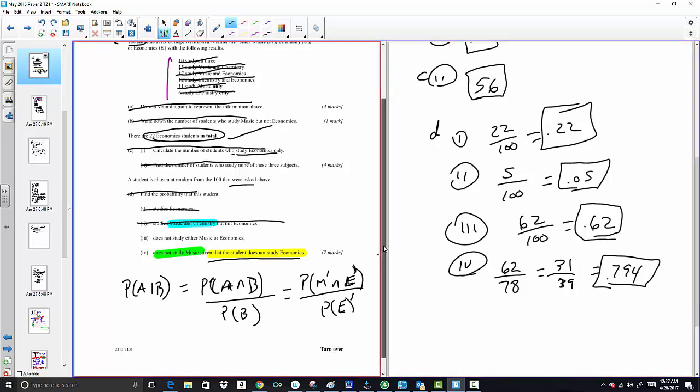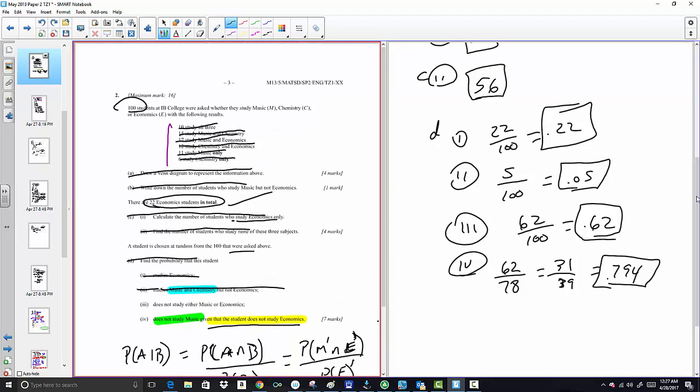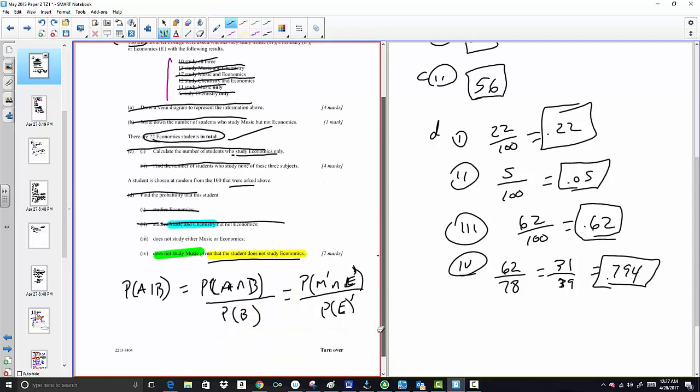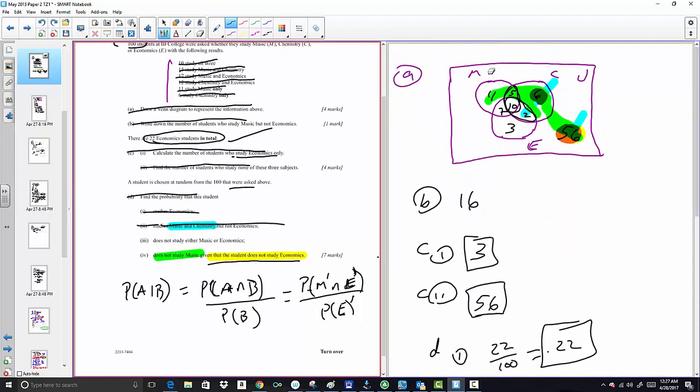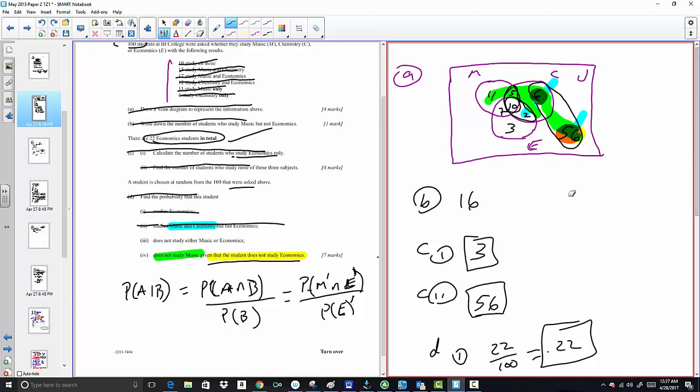So the intersection of not music and not economics, which is what I was talking about here, is this, right here. This is the intersection of not music and not economics, just these two, divided by, so that was 56 and 62.